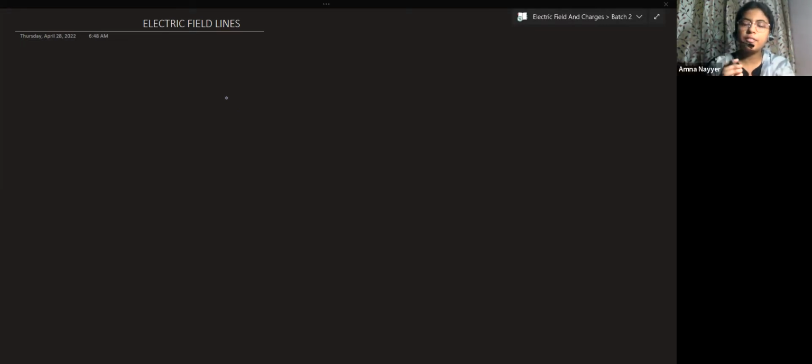Now see, electric field lines are a basic pictorial representation of electric field. Just in order to represent electric field, we have electric field lines. The electric field lines that we had seen, per unit area gave us electric flux, but they have some basic properties as well, which were not discussed earlier. So let us complete, very few topics are left.